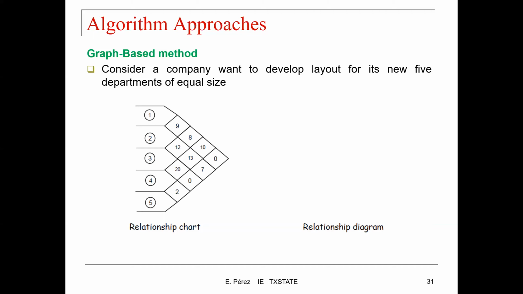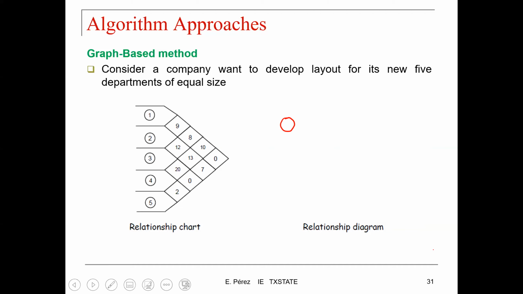The higher the value, the higher the importance of these departments being connected to each other. So we can draw a relationship diagram based on this information, using departments as nodes.